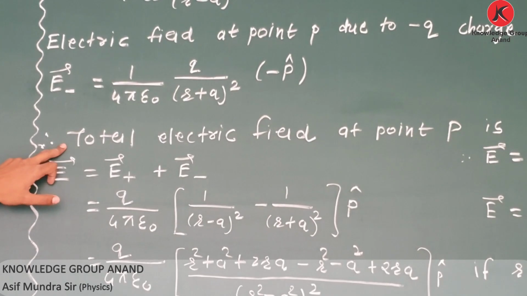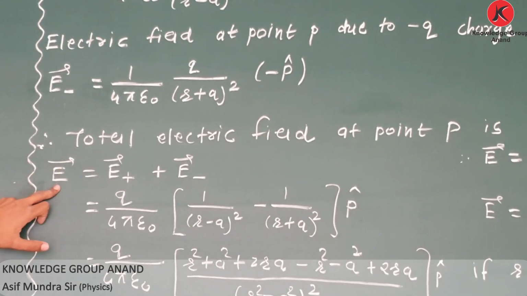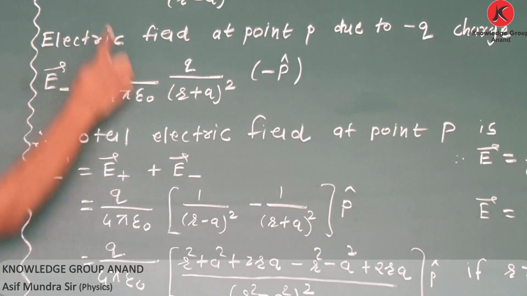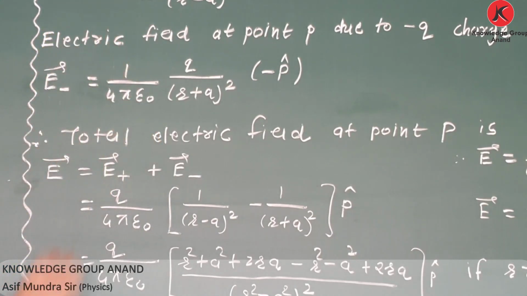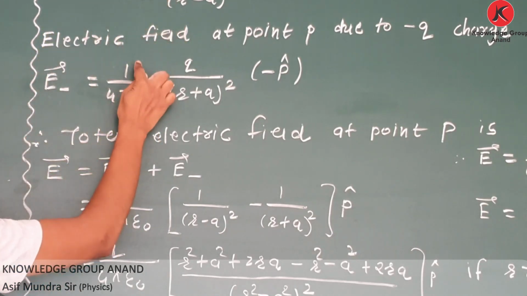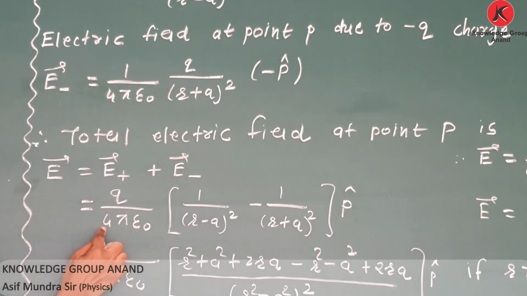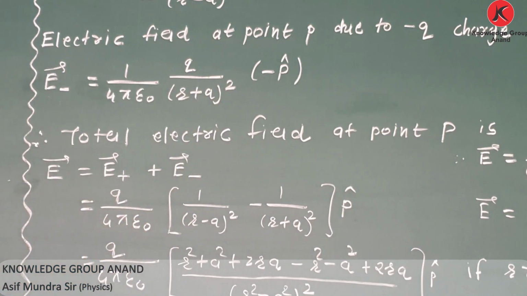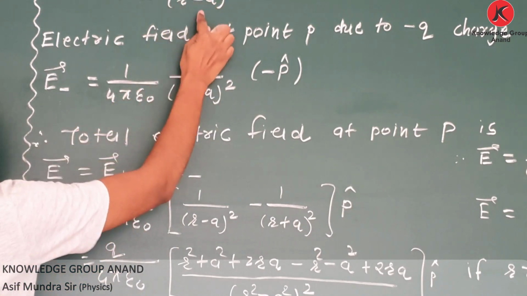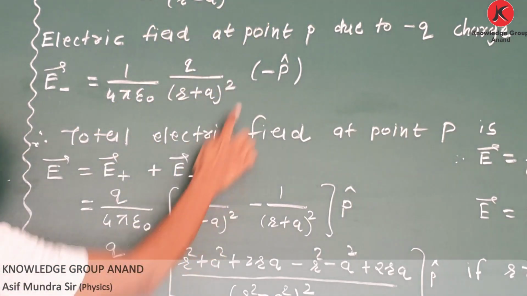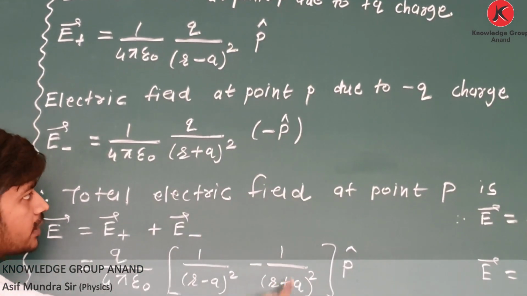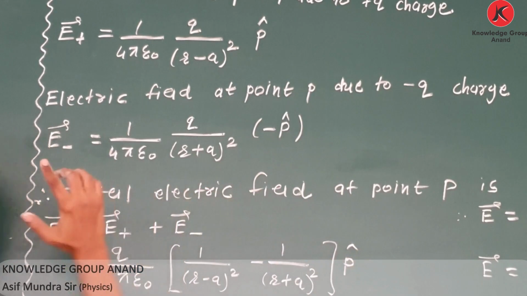What is the total electric field at point P? E is equal to E plus plus E minus. See, 1 upon 4 pi epsilon 0, q and q are common. 1 upon r minus a whole square, negative sign, minus 1 upon r plus a whole square, unit vector p caret.